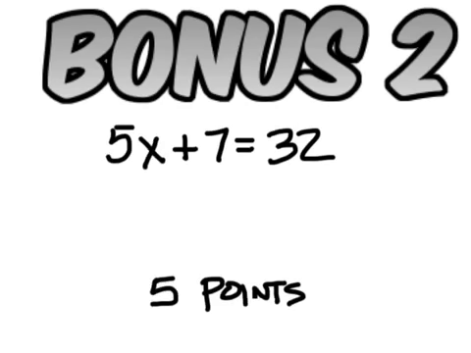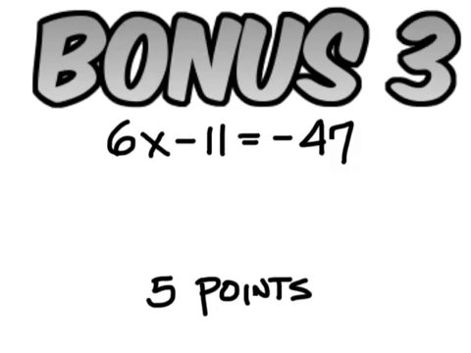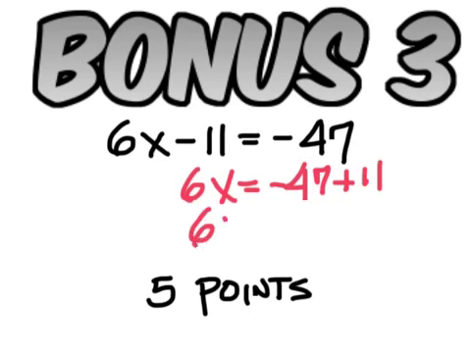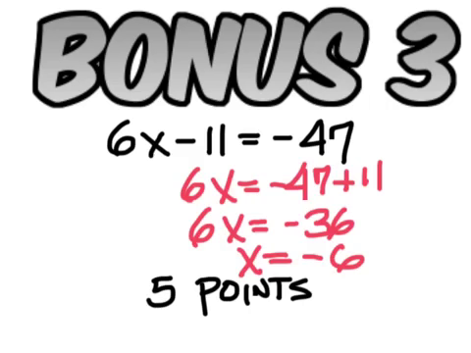Answer for bonus number 2 should be 5. For the bonus, it should be 6x equals -47 plus 11. That's going to be 6x equals a -36. So if you divide by 6, you get a -6.